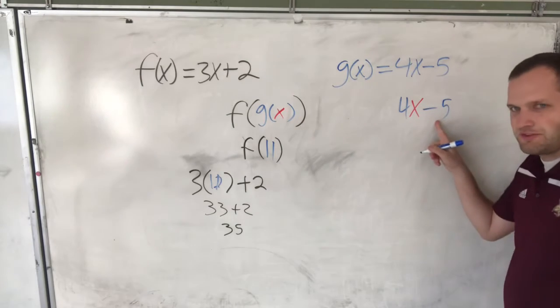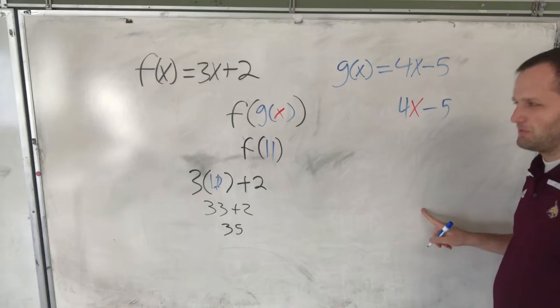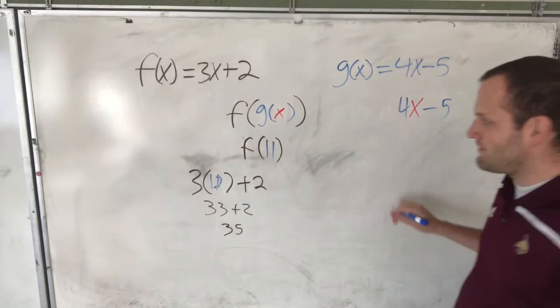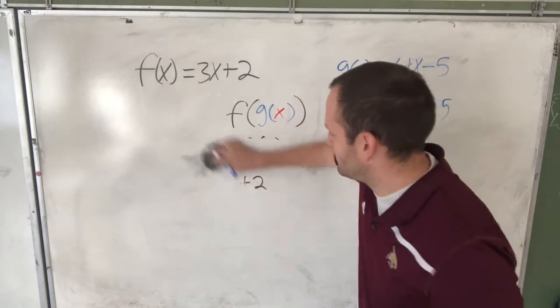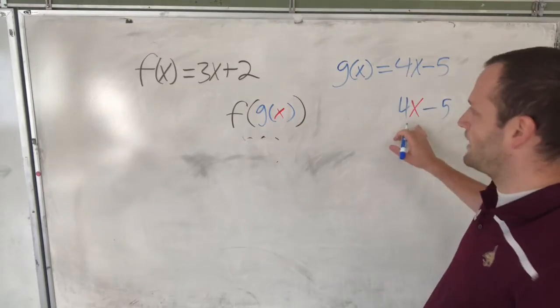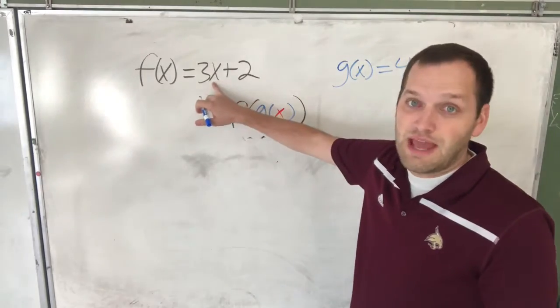Now, what did I do with this answer that I had here? I think it was like an 11. Well, I took that 11 and I plugged it into my f equation, right here where the x was.